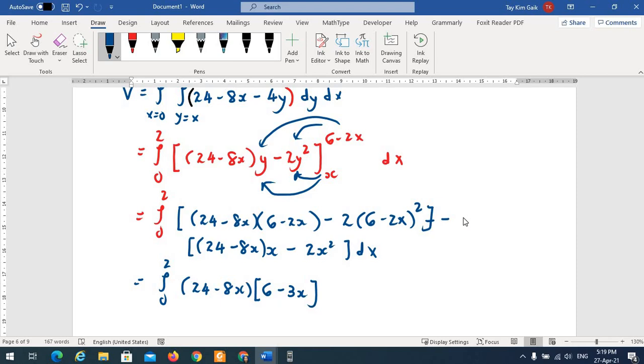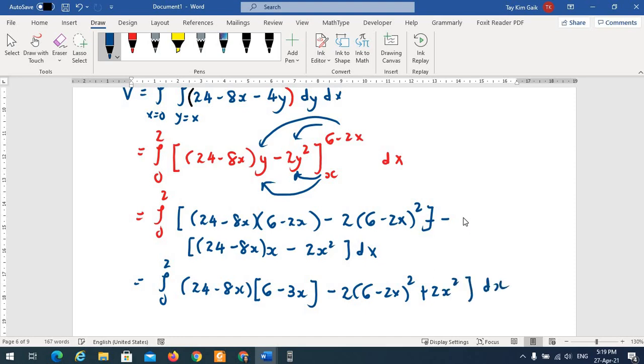Here, minus 2x times this one. Here, one more time minus x, so total is minus 3x. Then minus 8 times 6 minus 2x squared, minus 2, this is positive with x squared.